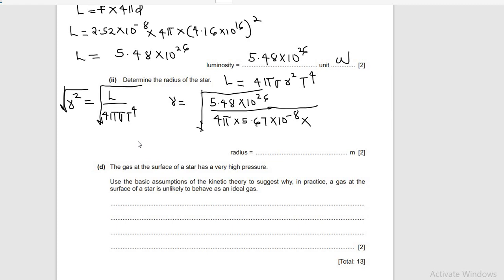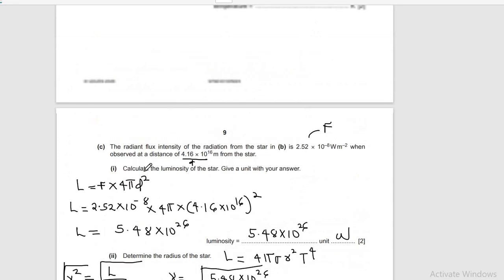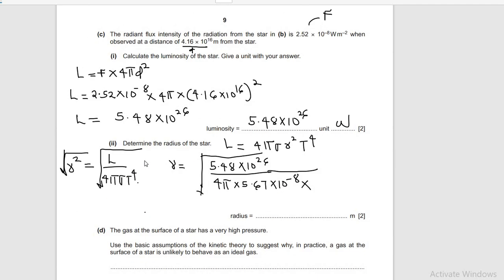We got the temperature approximately 6,900; the actual value is approximately 6,980, raised to power 4. You can also use 6,900 to the power 4. Let's crunch this in a calculator: the square root of 5.48 times 10 to 26 divided by 4 pi times 5.67 times 10 to the negative 8 multiplied by 6,980 to the power 4. So we have 5.69 times 10 to the power 8.